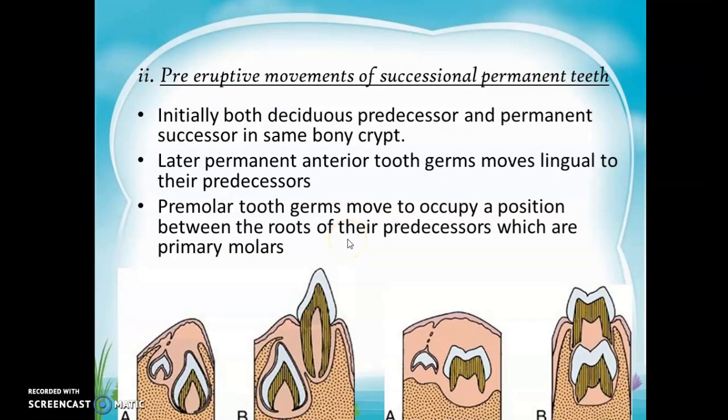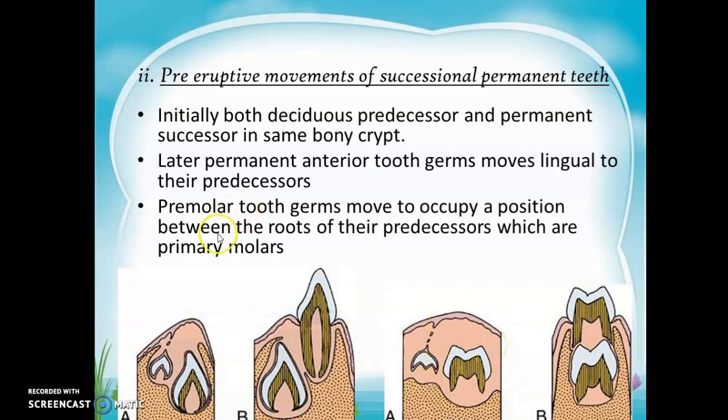Coming to the pre-eruptive movements made by the successional permanent teeth, initially, as you can see in this image, both primary and permanent tooth germs are present within the same bony crypt. Here it is a primary anterior tooth germ and its permanent successor in the same bony crypt, and in this image it is the primary molar and its successor, that is the premolar tooth, in the same bony crypt.